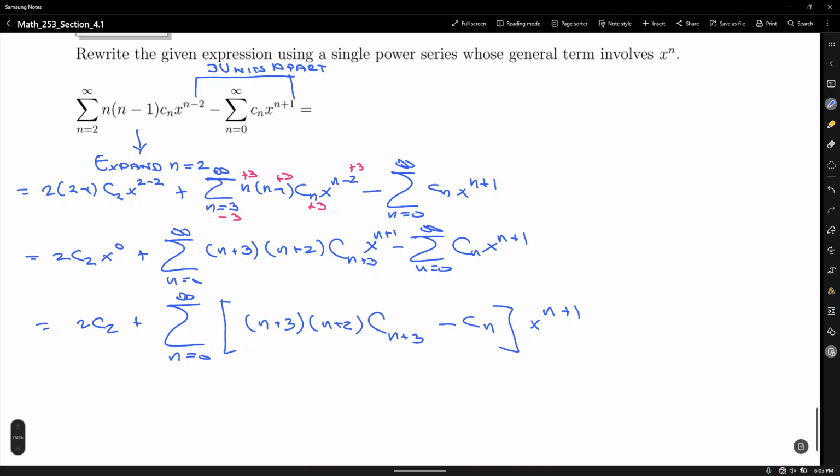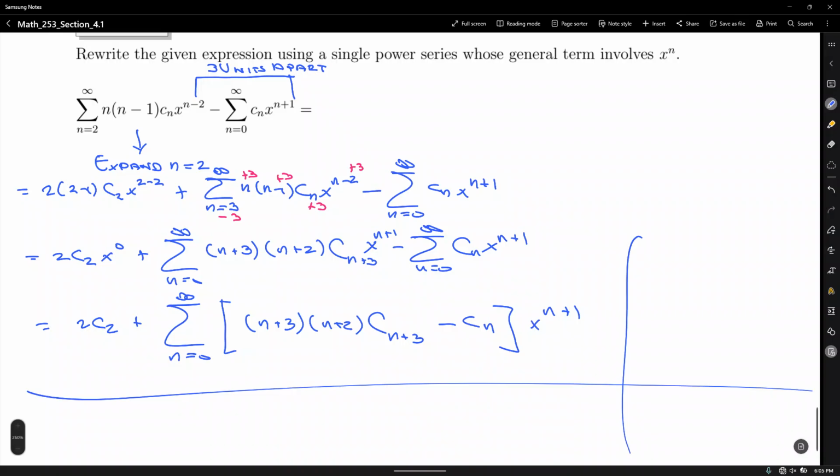Essentially, I'm factoring the sigma symbol on the left and I'm factoring the x to the n plus 1 on the right. And everything containing the c with the subscript and the n plus 3, n plus 2, etc., remains inside. Final answer. And I believe this is it for the section.